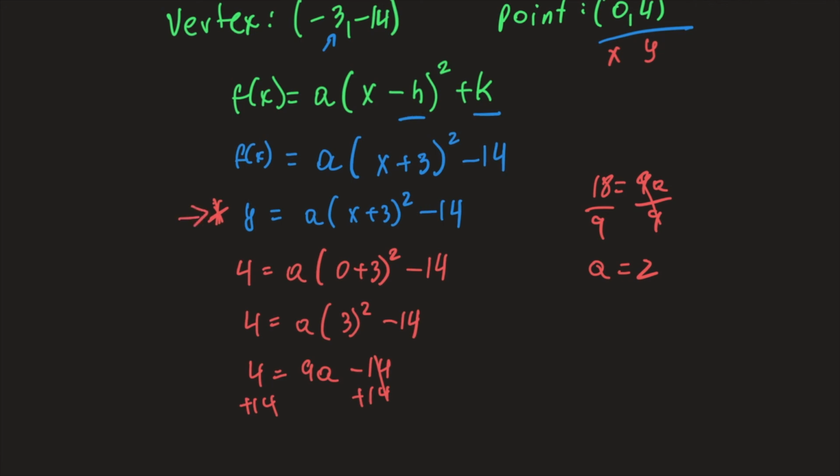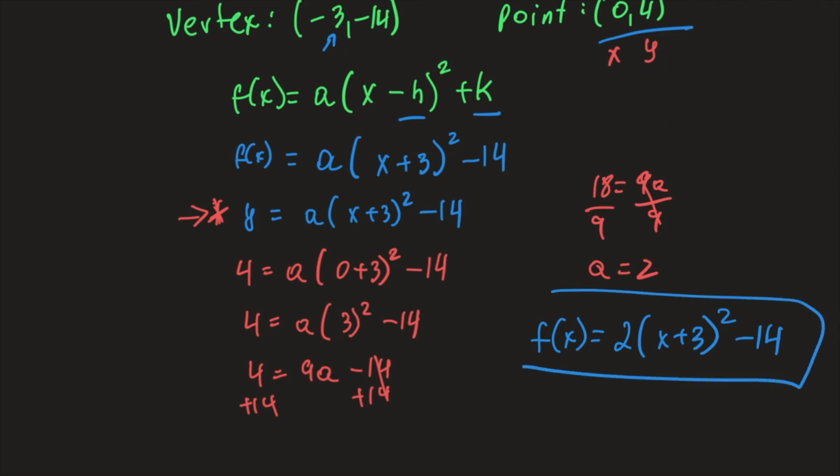So go back to that start equation and fill in a, and you will be done. So my function f of x is equal to 2 times x plus 3 squared minus 14. So this function is moved left 3, down 14, and it stretches by a factor of 2. Try the next example on your own.